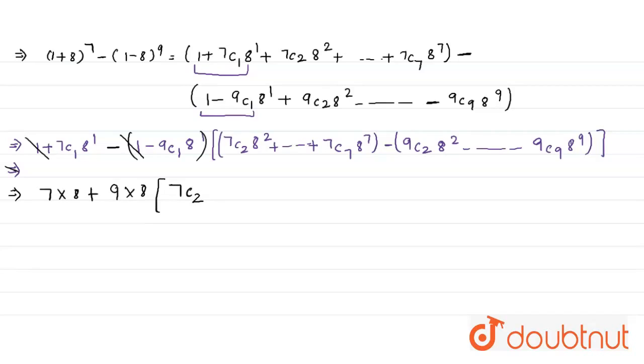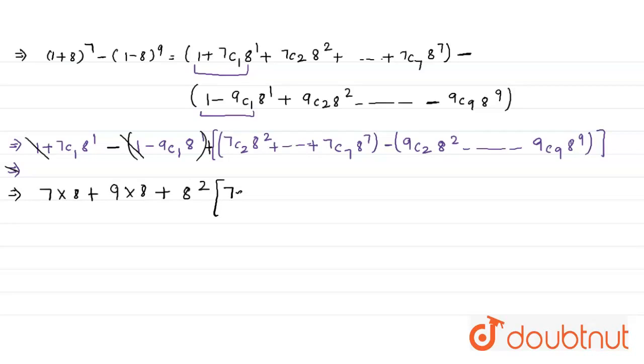I will also take 8 squared common from both the expressions, 8 squared from here and 8 squared from here, so I will get this.